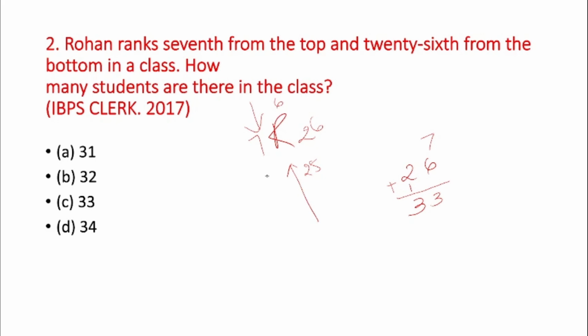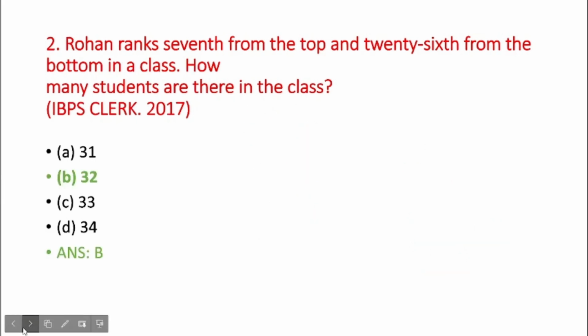Again, here Rohan ranks 7th from the top, 26th from the bottom. It means he is counted twice. So because we have counted Rohan twice, we are going to subtract one Rohan, right? Minus 1, 32. So 32 would be the answer. Yes, 32 is the answer.